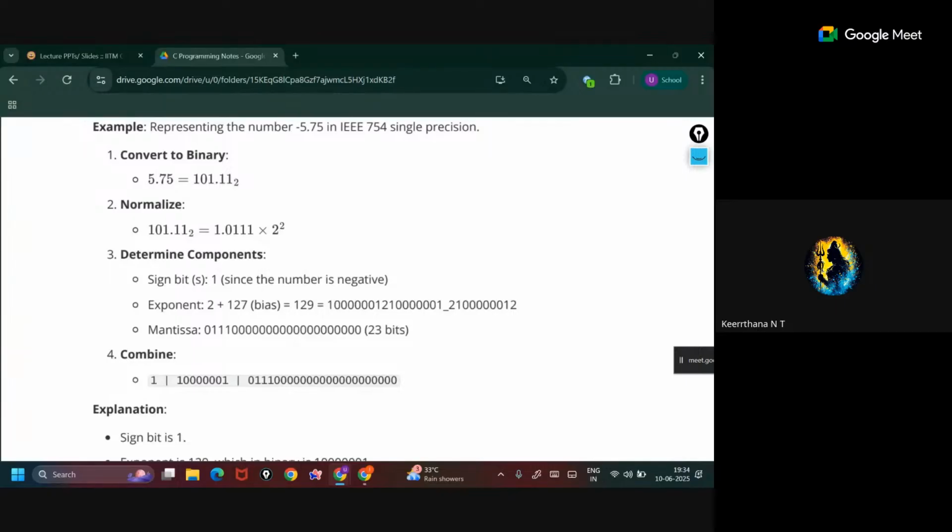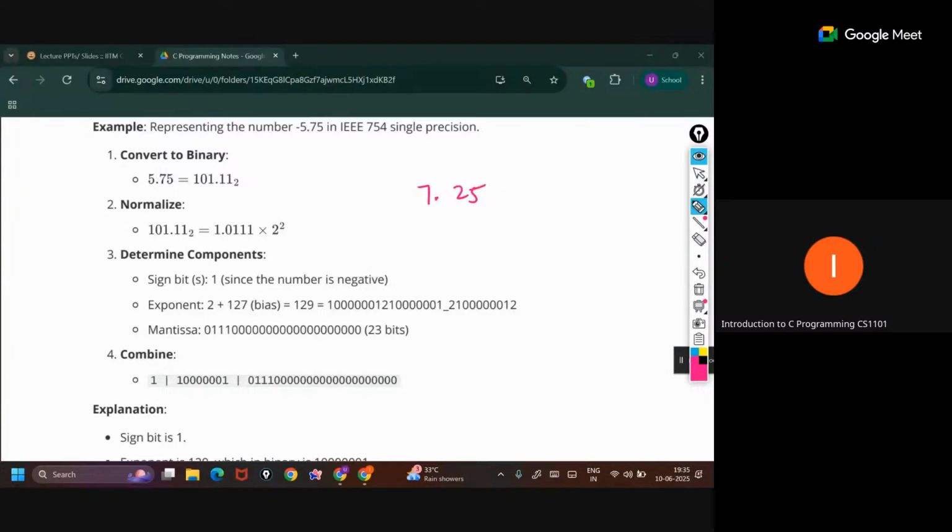Can you give another example? Yeah, sure. Let's take the number 7.25. So how to convert it to binary, people? First I have to convert the 7. How to convert the 7? 111.